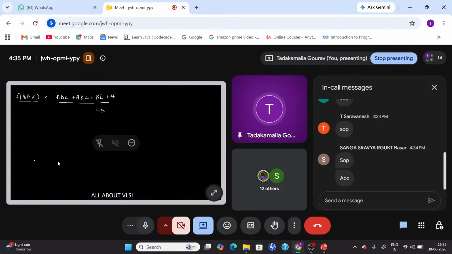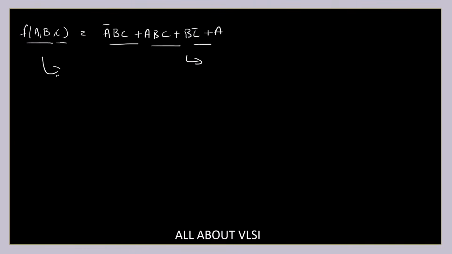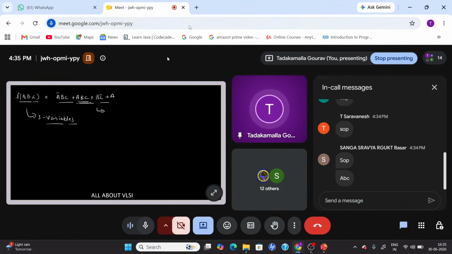Only one minterm? For a three variable function, the total possible minterms are 2 power 3, which is 8 minterms. So out of 8 minterms, do I have only one minterm, which is ABC, and no other minterms? I'm waiting for your answers.